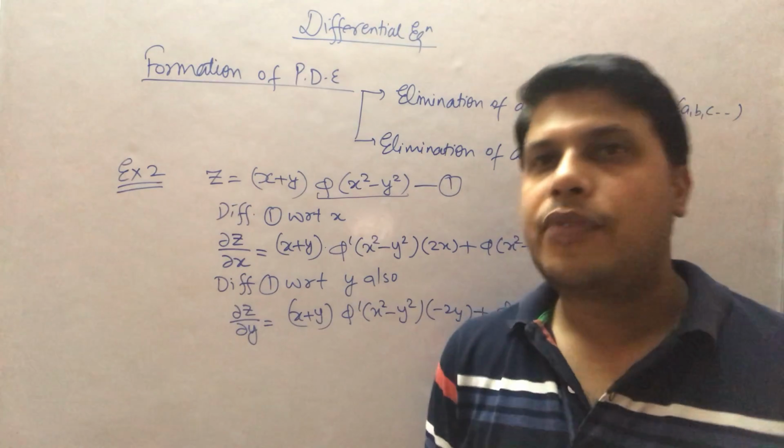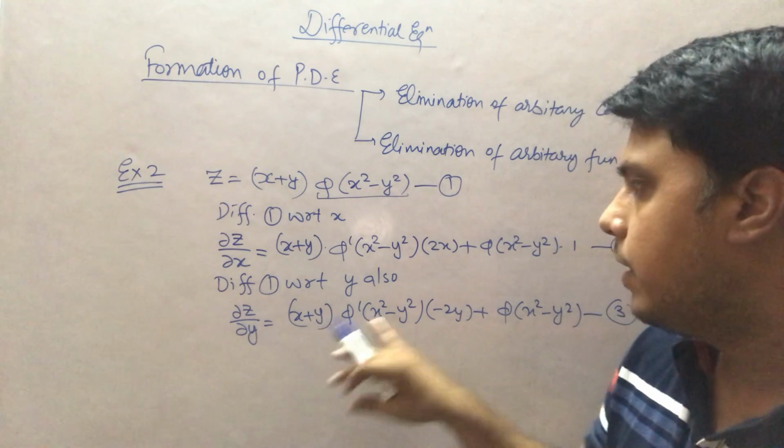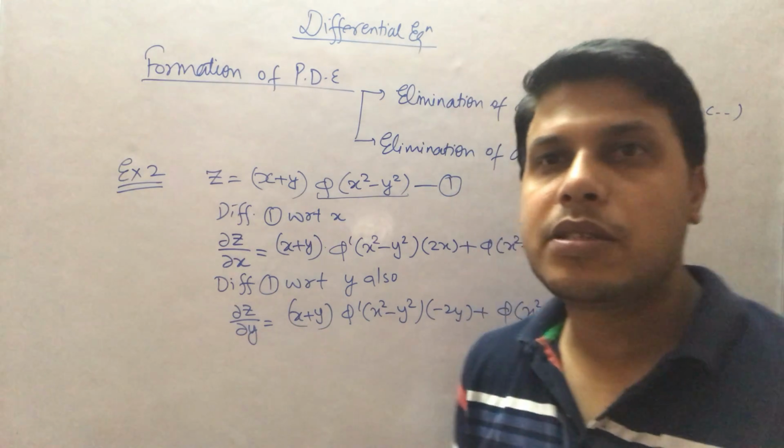So by differentiating with respect to y, we got x plus y phi dash of x square minus y square times minus 2y, because the differentiation of minus y square will be minus 2y.